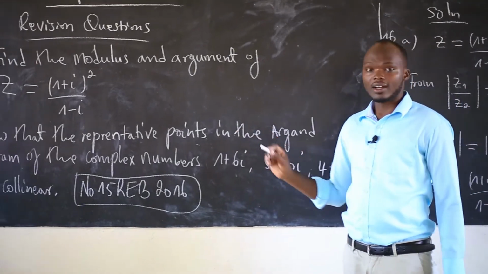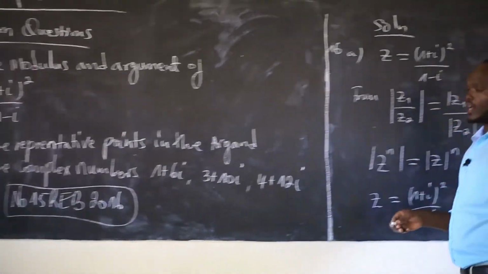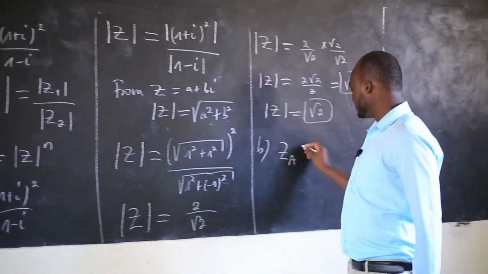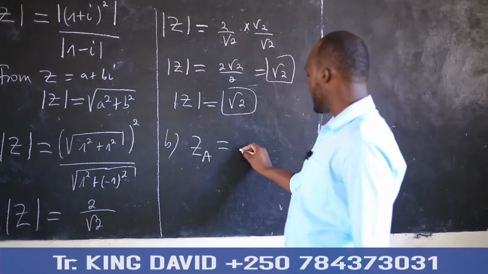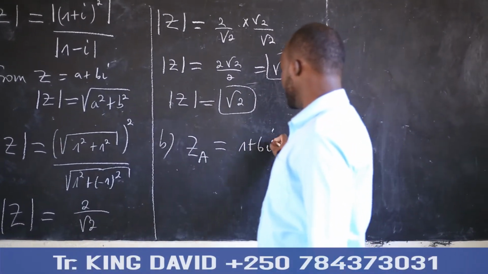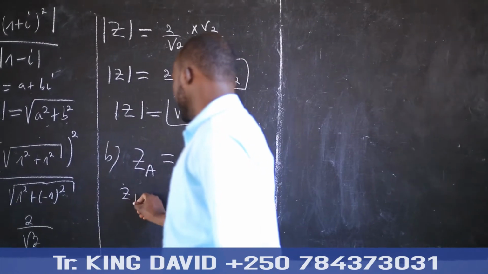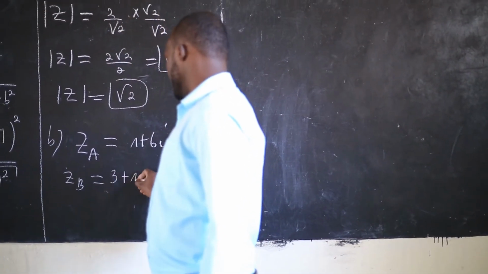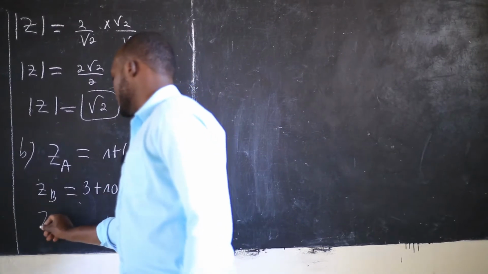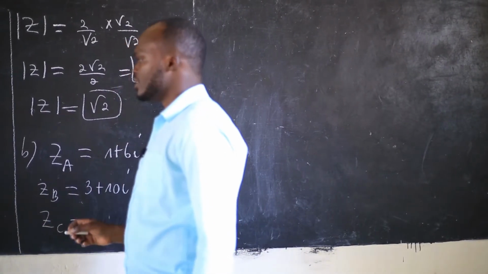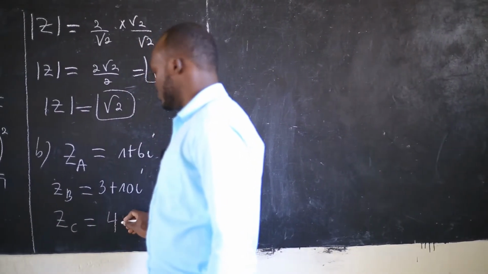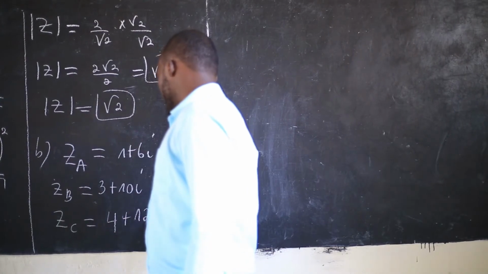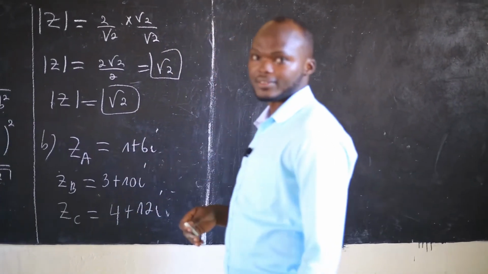Then we show that they are collinear. So our ZA is 1 plus 6i, our ZB is 3 plus 10i, and our ZC is 4 plus 12i. So we have 3 points, A, B, C.